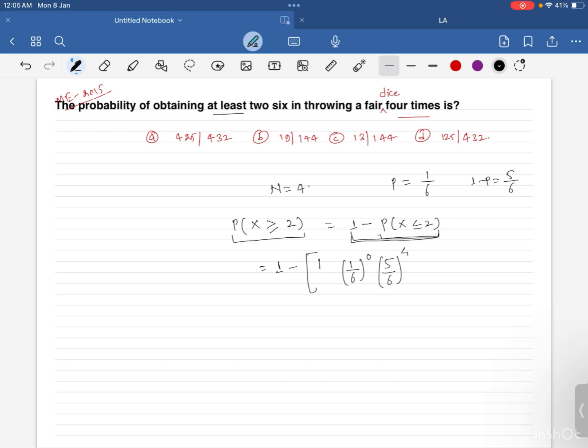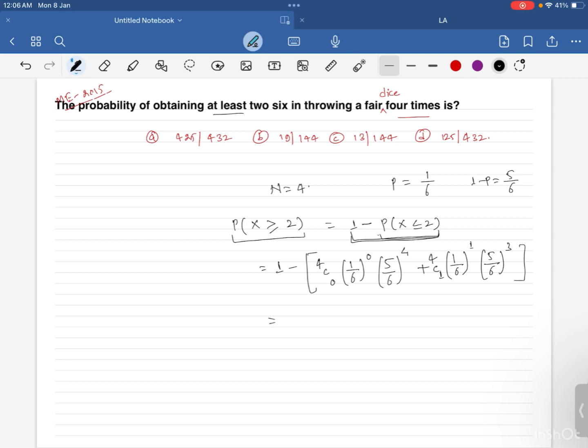So 4 C 0, plus we can get 1 success and the other 3 failures, and it could be in any combination, so 4 C 1, right?